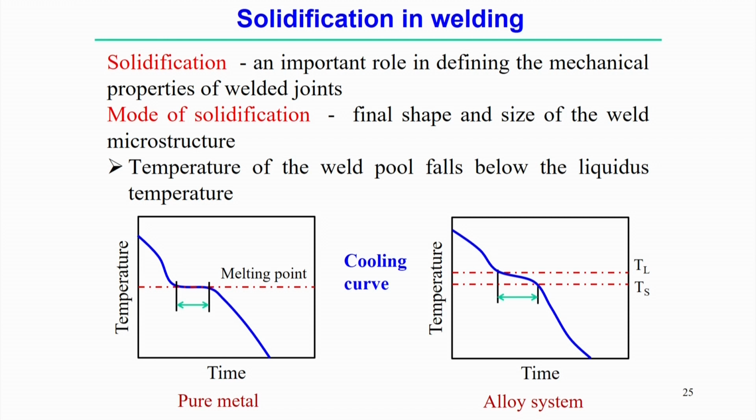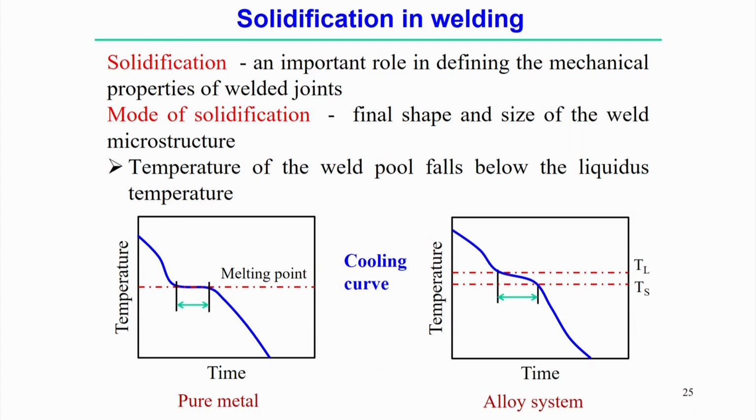The time versus temperature curve starts from the superheating temperature, and there are two defined temperatures over which the solidification happens, from the liquidus temperature to the solidus temperature. Between these two is normally called the mushy zone.